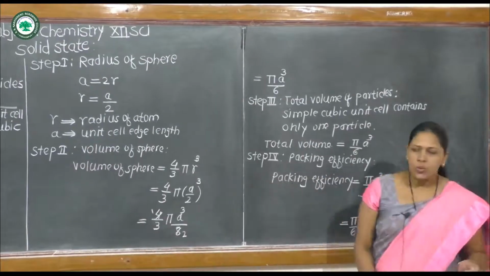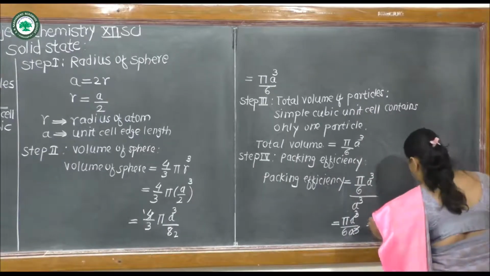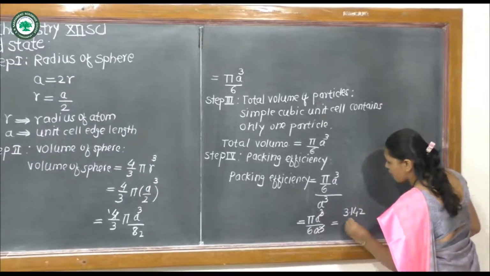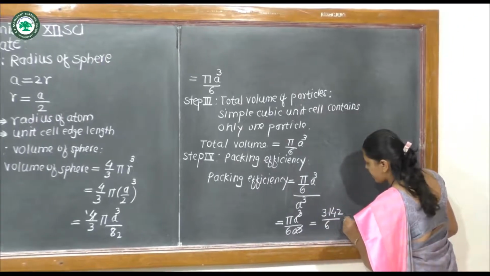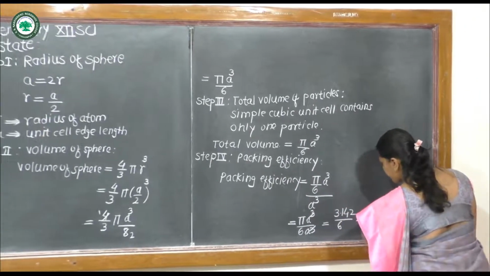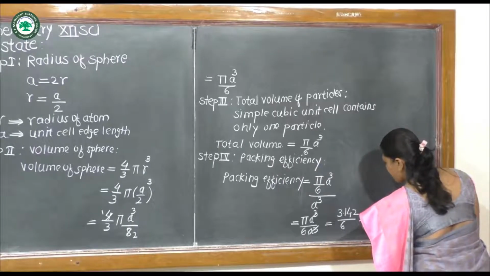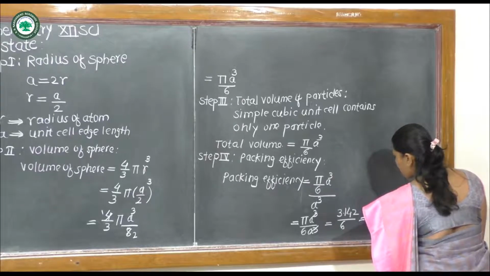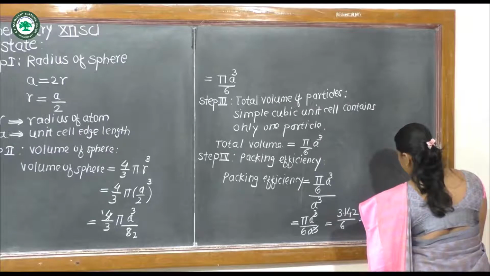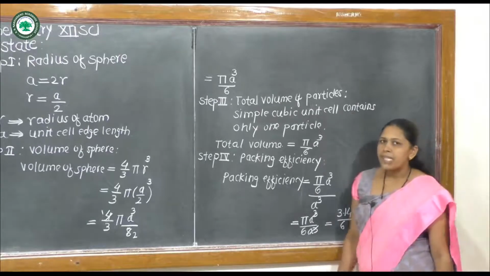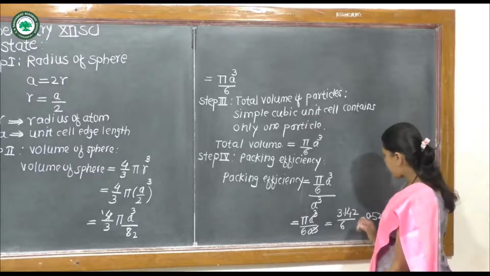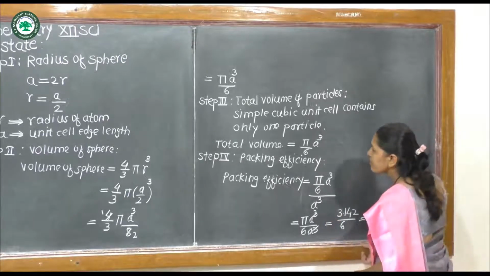The value of pi is 3.142, divided by 6 is equal to 0.523, and packing efficiency is calculated in percentage by multiplying, what is the value?